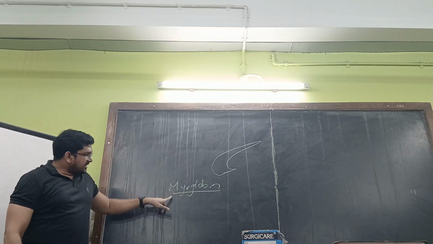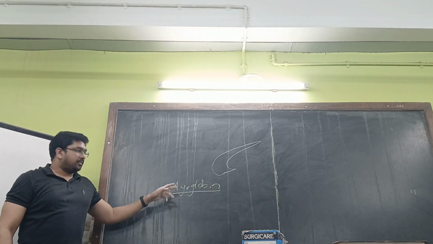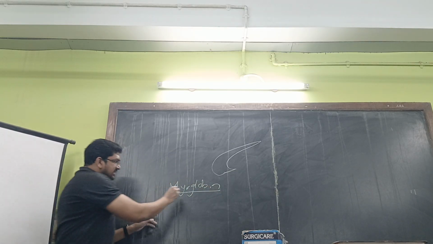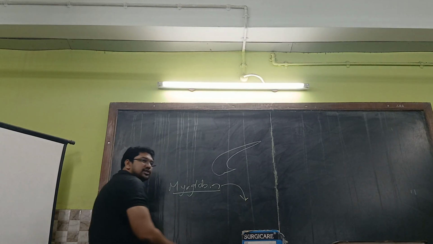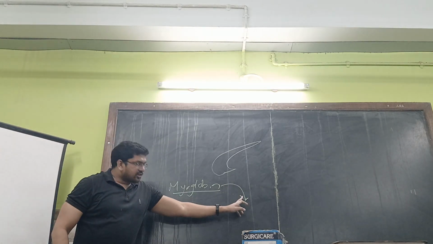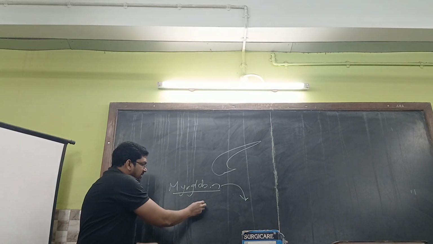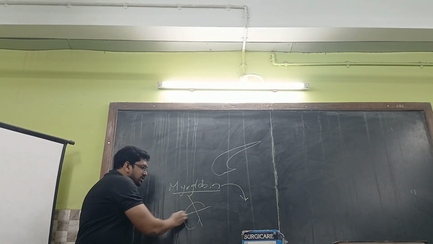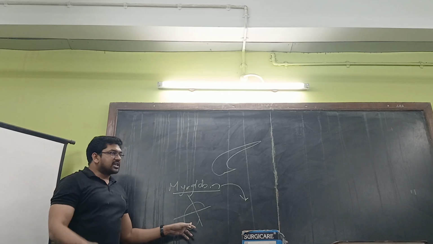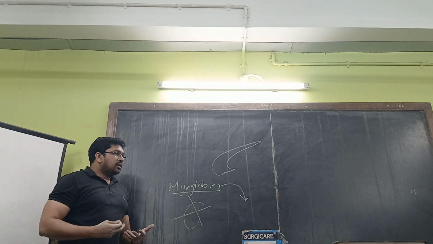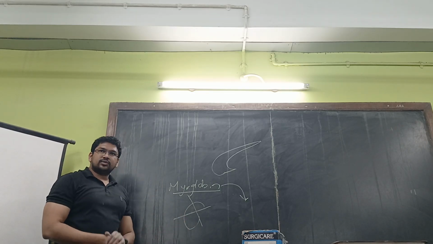So whenever there is a digestion of the muscles, this protein will be released into the blood circulation. Whenever this is released into the blood circulation, this myoglobin is toxic to the kidneys. So this myoglobin will be destroying the kidneys, and the patient will die of renal failure. Obviously. Do you understand?